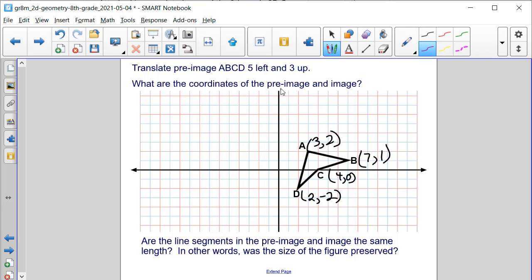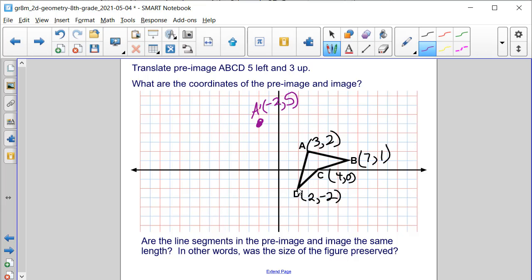And now we're going to translate this quadrilateral to the left 5, 1, 2, 3, 4, 5, and up 3, 1, 2, 3. So here's where A prime is going to be. And A prime is at the point -2, 5.